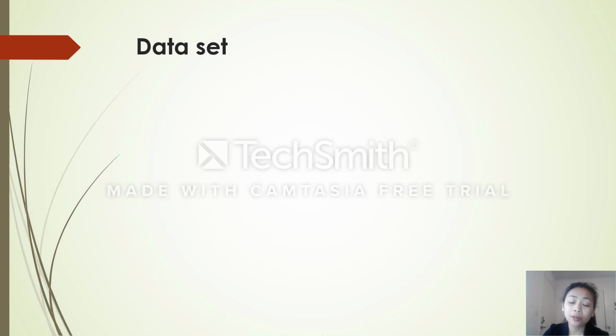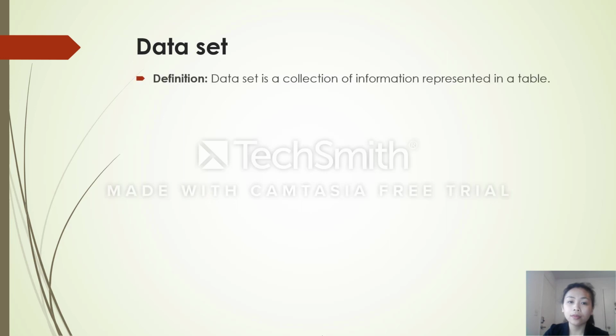So once a sample is collected, what we need to do next is summarize the information of the sample into a table. Such a table is called a dataset. So a dataset is basically a collection of information represented in a table.